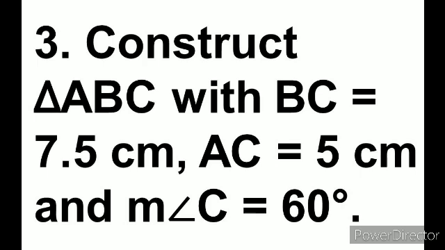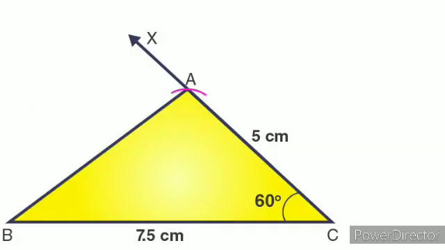So let's draw here first a rough diagram of triangle ABC. See here, BC 7.5 centimeter, the base of the triangle, angle C measures 60 degrees, AC 5 centimeter. Through a rough diagram, you can get an idea easily how to construct the given triangle.